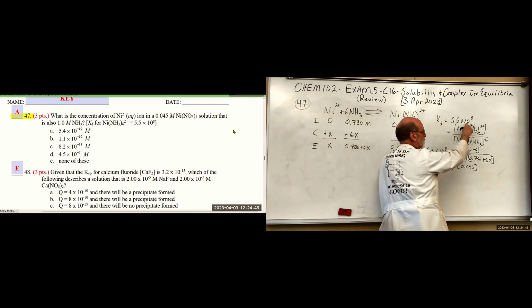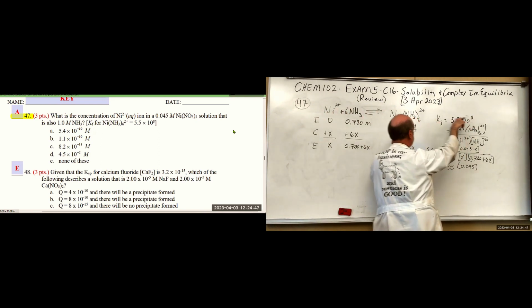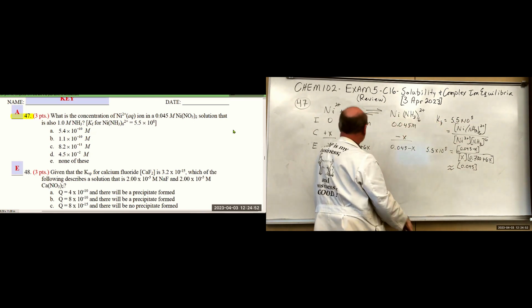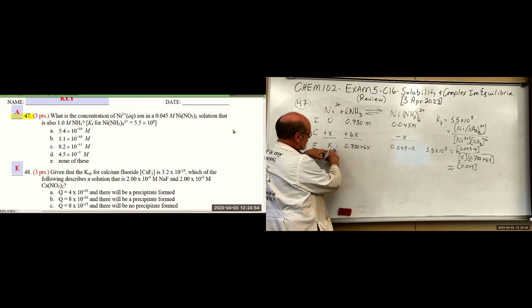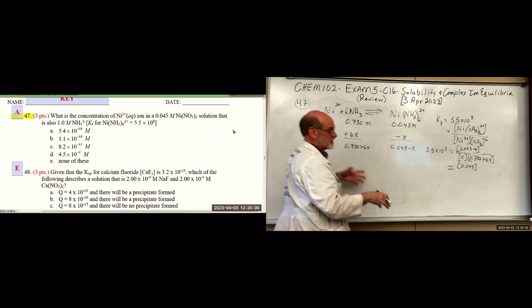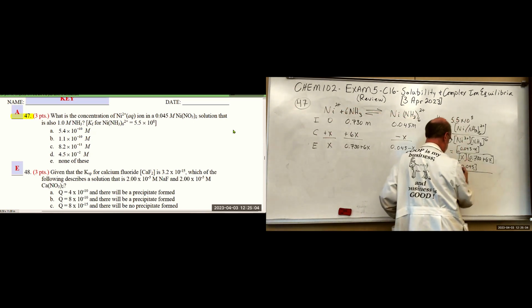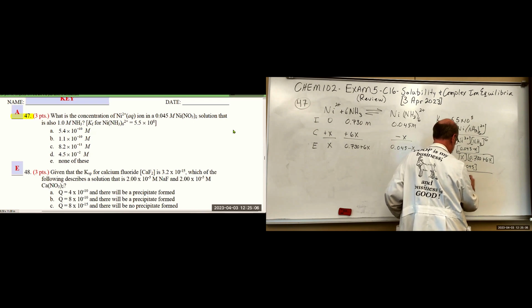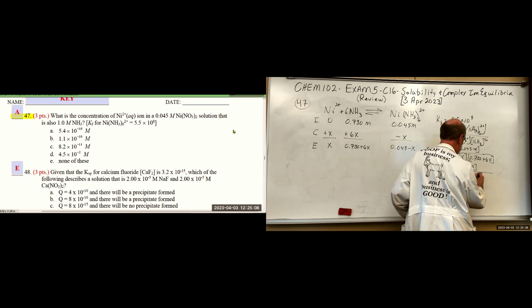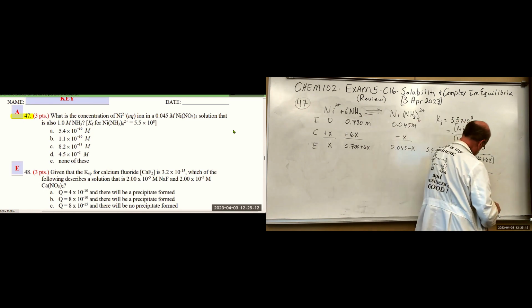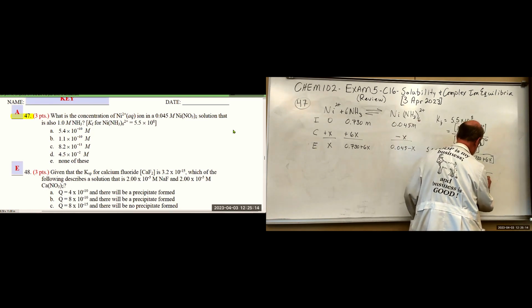Because this equilibrium constant pushes way to the right, way to the right. That means these X values are going to be very small, right? What's left over is not going to be very much. So we leave this X alone, and we remove the X from this one.